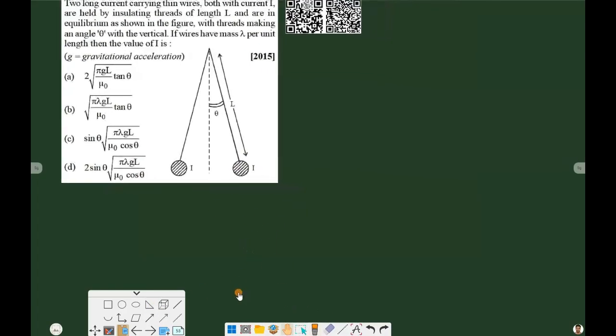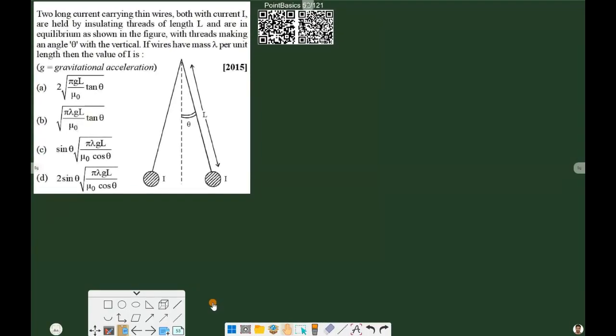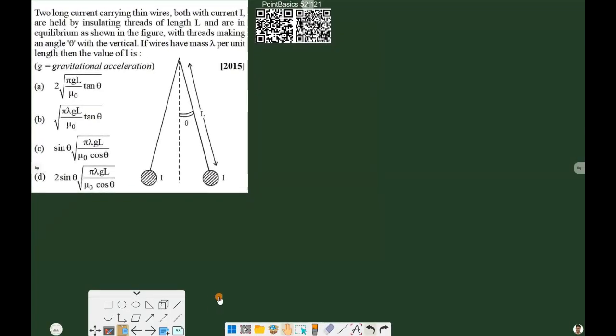So let's slide it slightly. Now assume both of these wires, as mentioned, they have current in the same direction, I think.